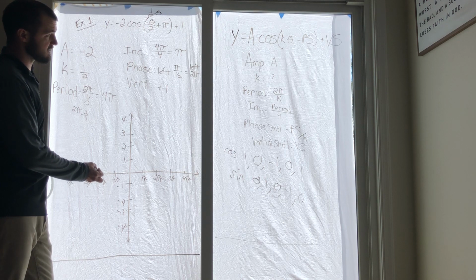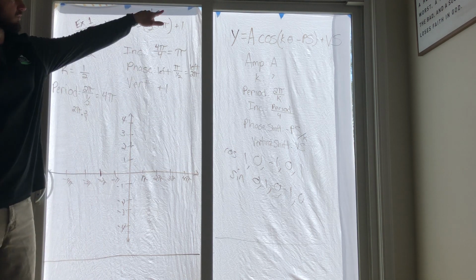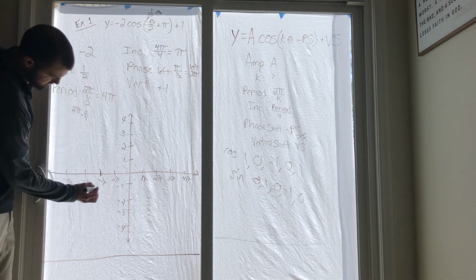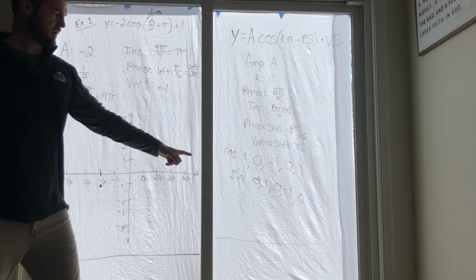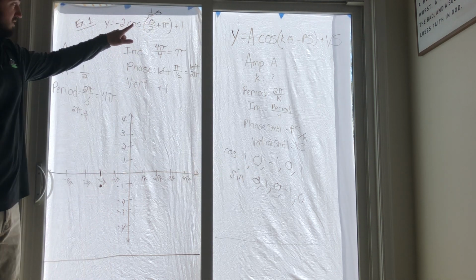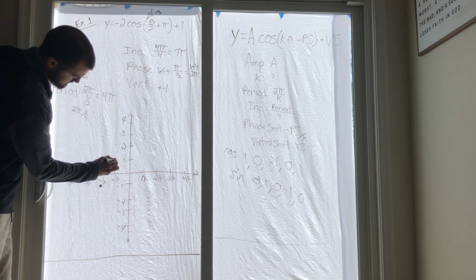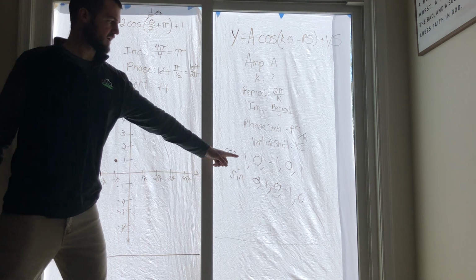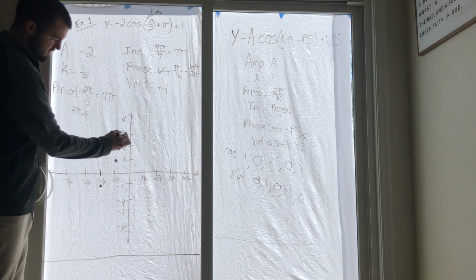Starting here, it's 1 times -2 is -2, plus 1 is -1. 0 times -2 is 0, plus 1 is 1. -1 times -2 is 2, plus 1 is 3.